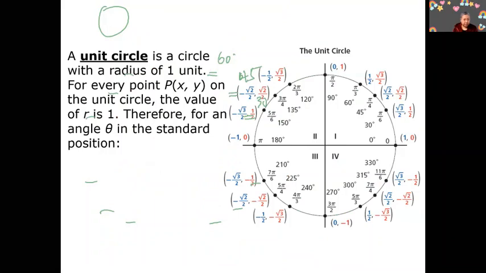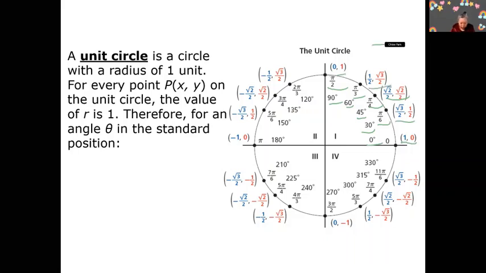Then this is what we will eventually learn. So all these angle measurements and equivalent radian measurements and each position that comes with coordinates. And then it's not only quadrant 1, 2, 3, 4, all over.